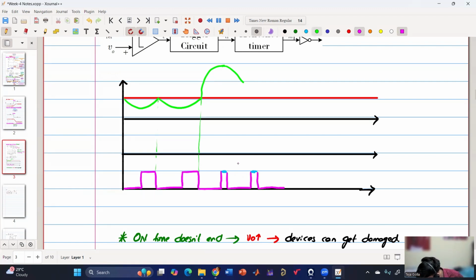Now at the end of this off time, say it has come down. Now we'll turn on, and once it crosses in here, the on time continues, and then from here again it remains the same.